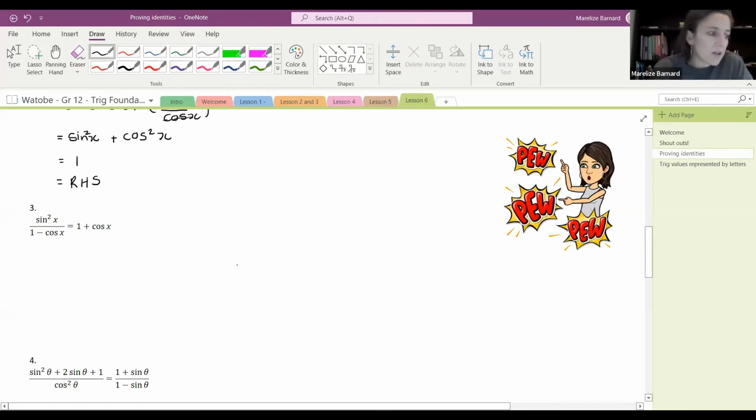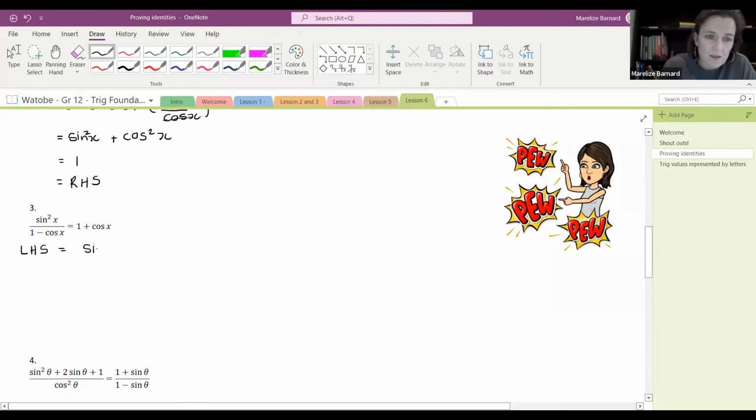Okay, let's have a look at question 3. I think in this case, we are also going to start with the left-hand side.